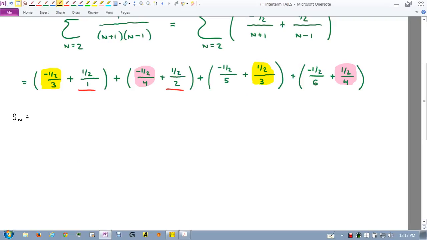My nth partial sum is going to be negative 1/2 over 3 plus 1/2 over 1 plus negative 1/2 over 4 plus 1/2 over 2. Can you all see that okay?